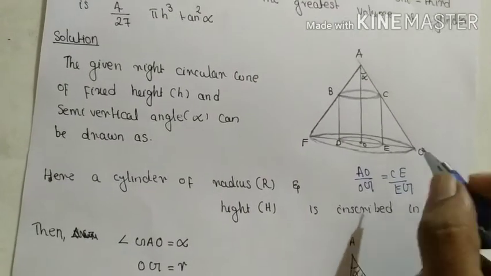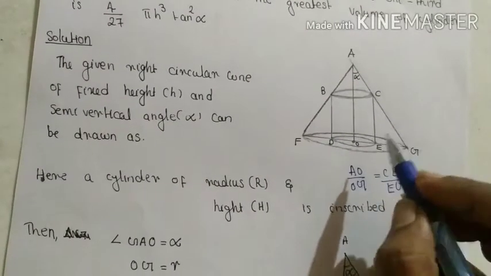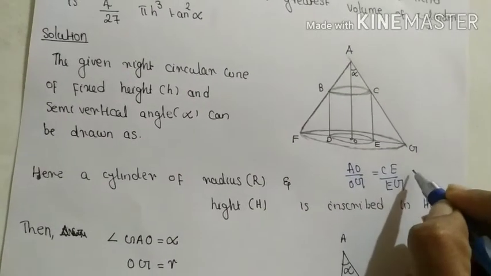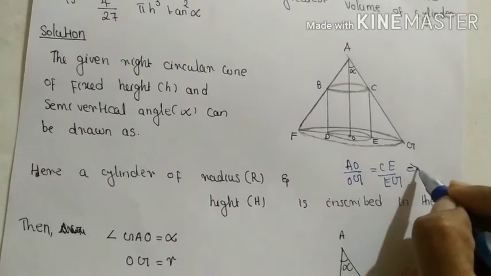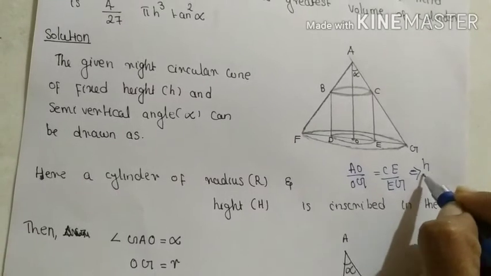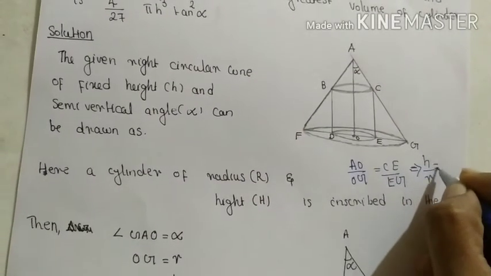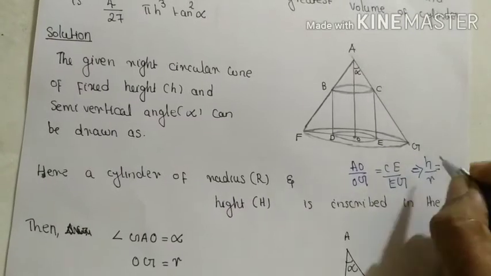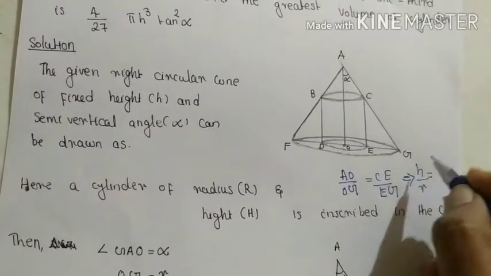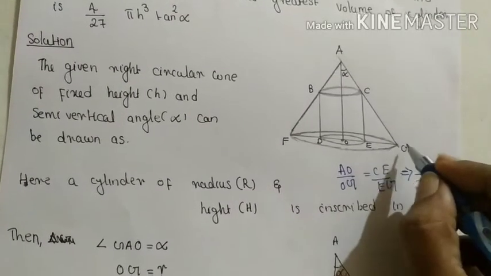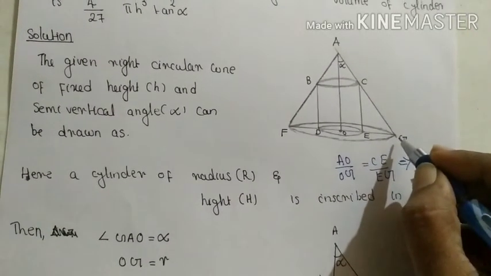Replacing this by the given values, AO is small letter h, OG is small letter r, the radius of the cone, equal to CE, the height of the cylinder, divided by EG.